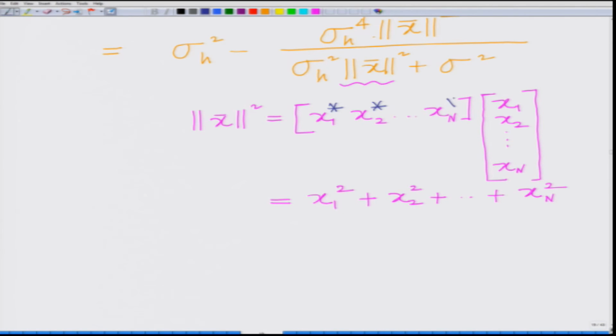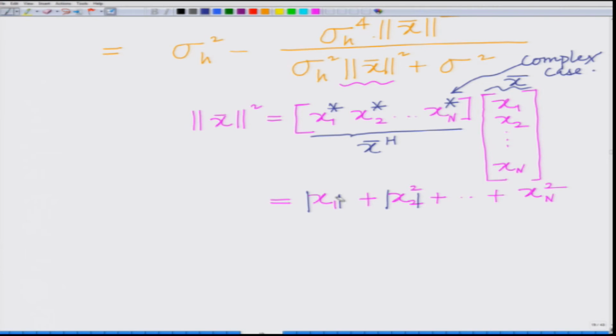this x1 x2 xn by their conjugate. So, this will become x bar Hermitian, this will still be x bar. This is for the complex case. Remember, for the real case, of course, the complex conjugate will yield the same. So for the complex case, this will be magnitude of x1 square plus magnitude of x2 square, so on up to magnitude of xn square, and this is the quantity we are calling norm x bar square.